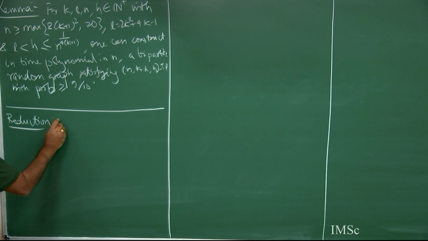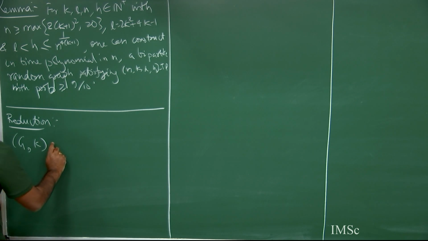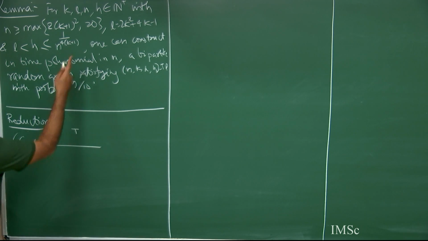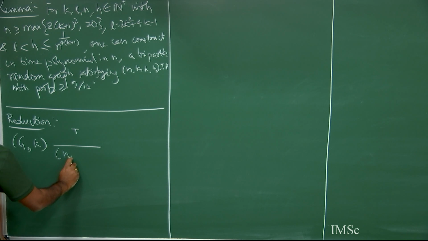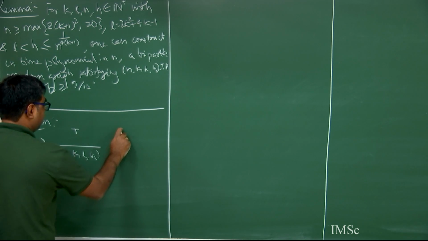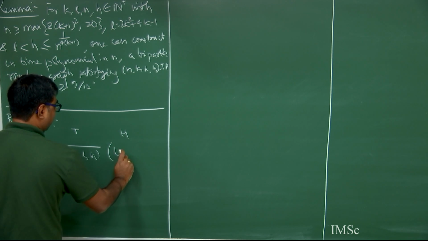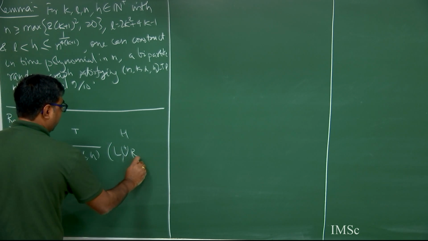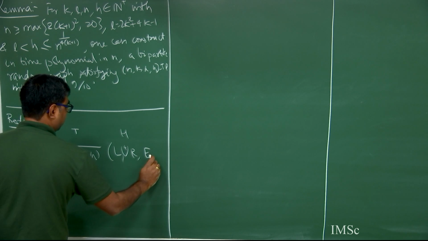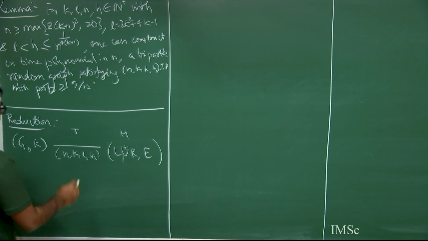Given a graph G and k, we applied a threshold graph with some (n, k, l, h) property.